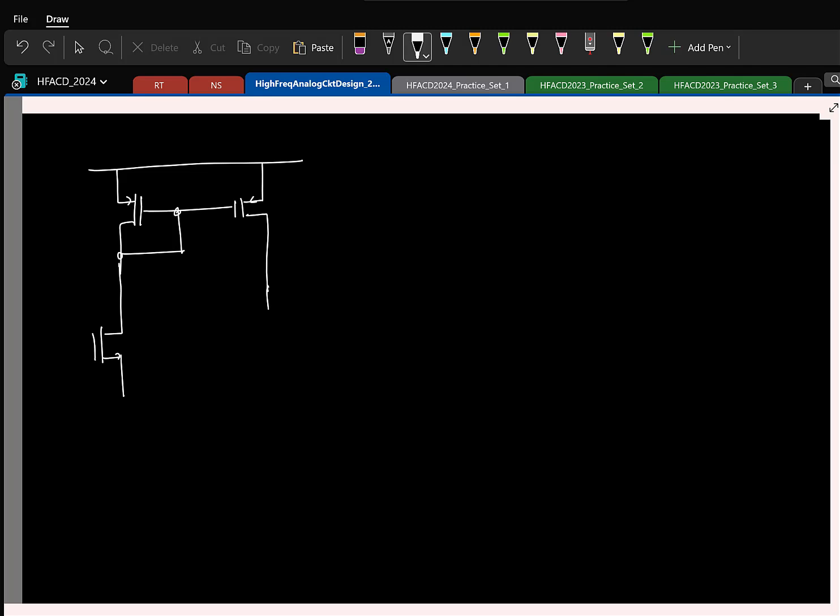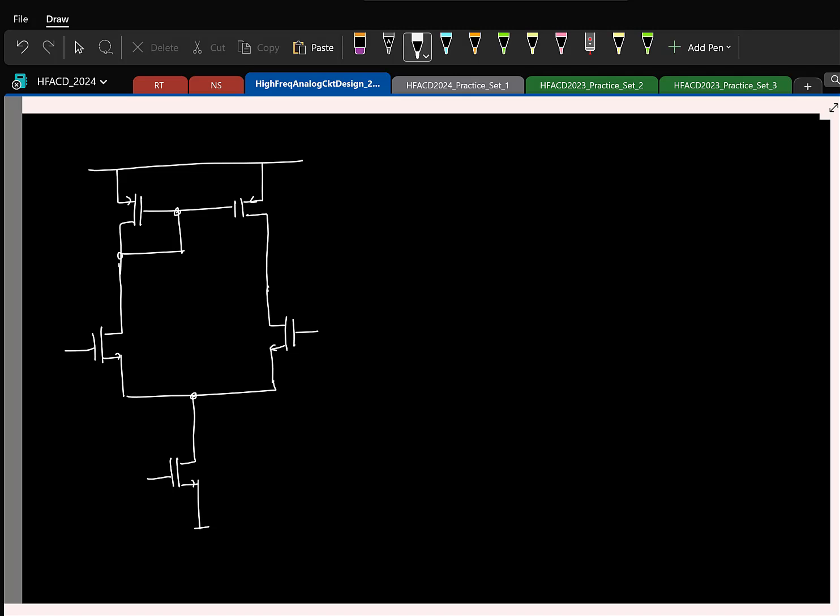So I'll first draw the first stage. I'll take an NMOS input diff pair, but you can do the same thing with the PMOS input also. So I have a PMOS current mirror here, the NMOS diff pair, and then the tail current source.